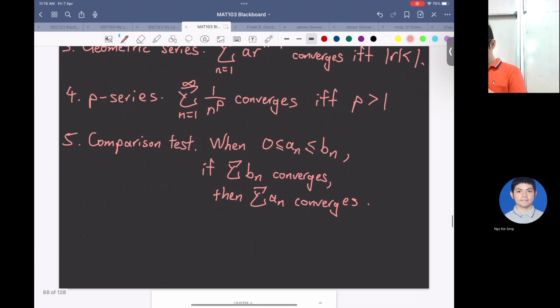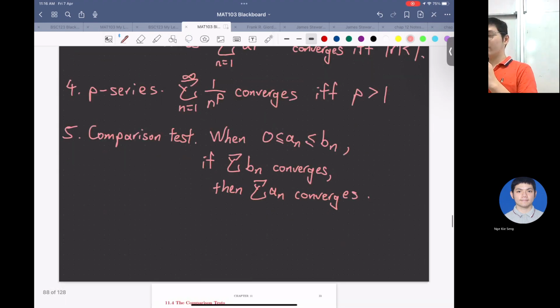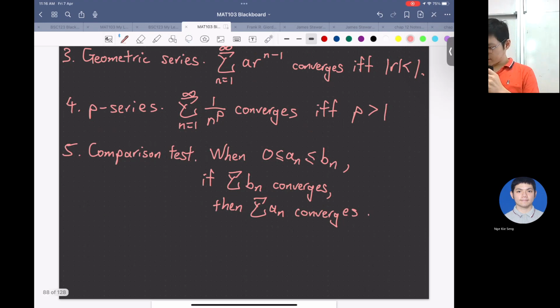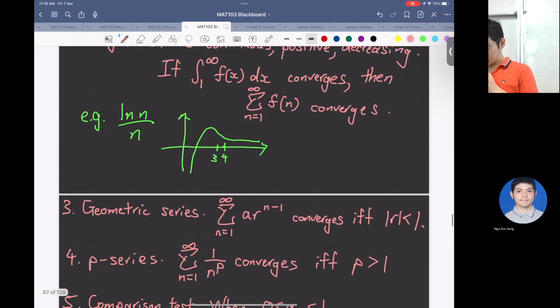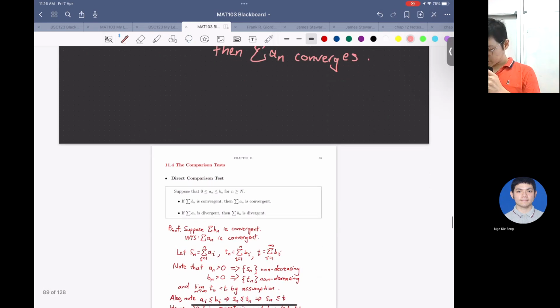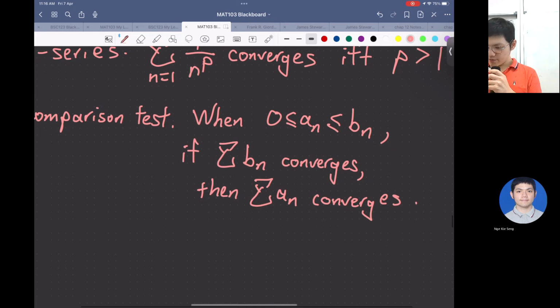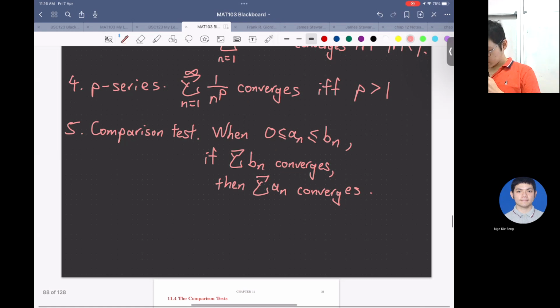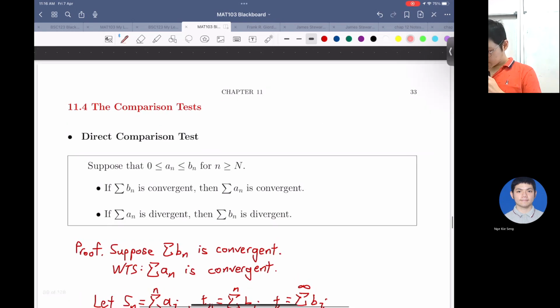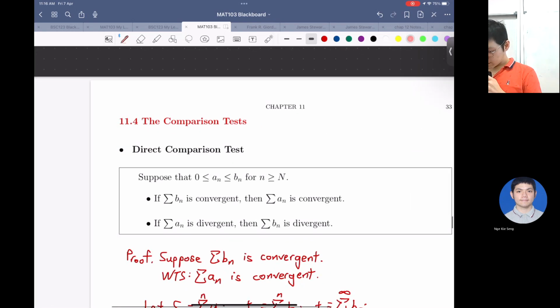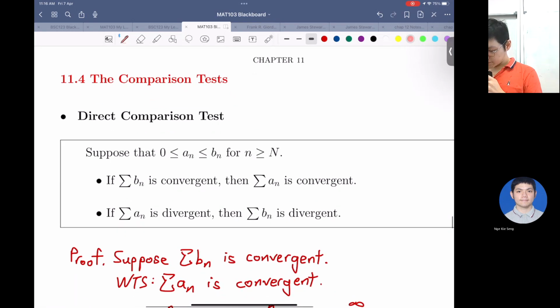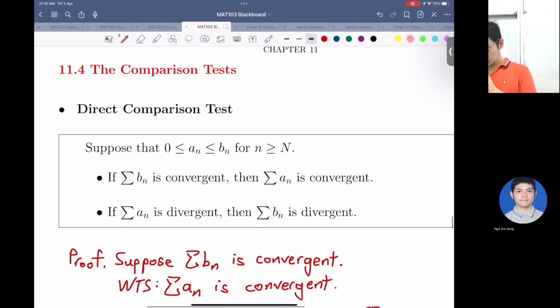So let's try and prove this. What are we going to use? Suppose the series of Bn is convergent.